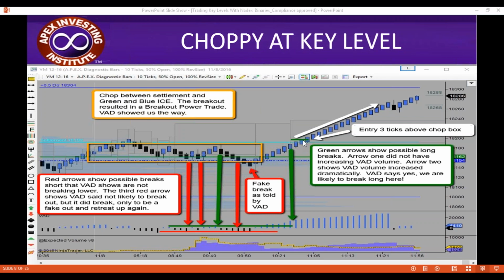Does that make sense? Look at this. You've got a perfect setup. Breakout. You got levels. You got chop. This VAD indicator tells you when to get in and when to not get in. It's perfect. I'm looking back at this chart going, oh my goodness, look at that move. Look at all the money I would have made. But then when you're trading it live and you take the wrong expiration binary and you lose on it, you're going to be pretty disappointed, right?